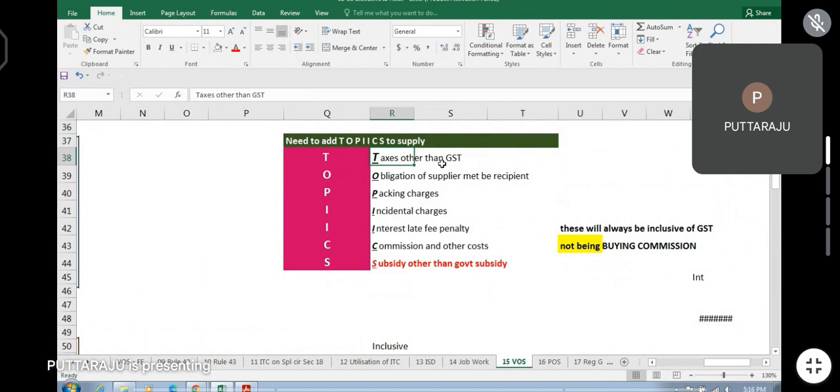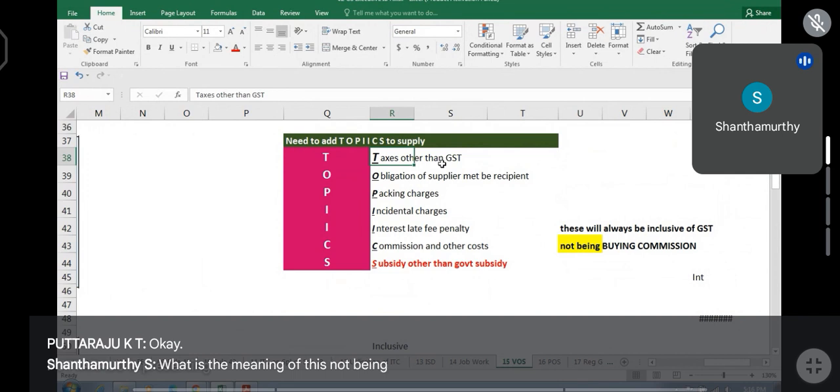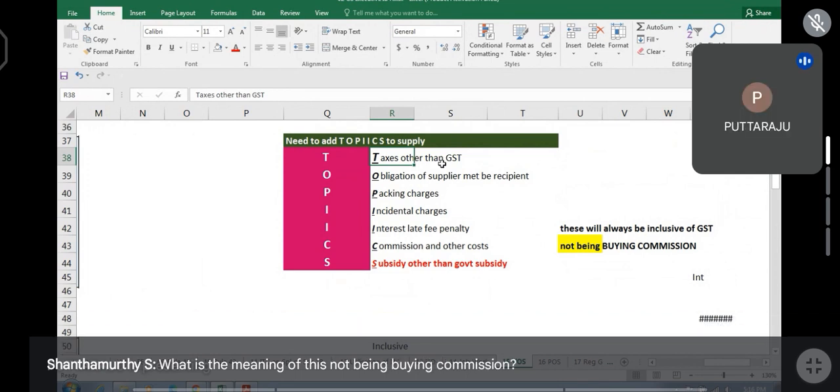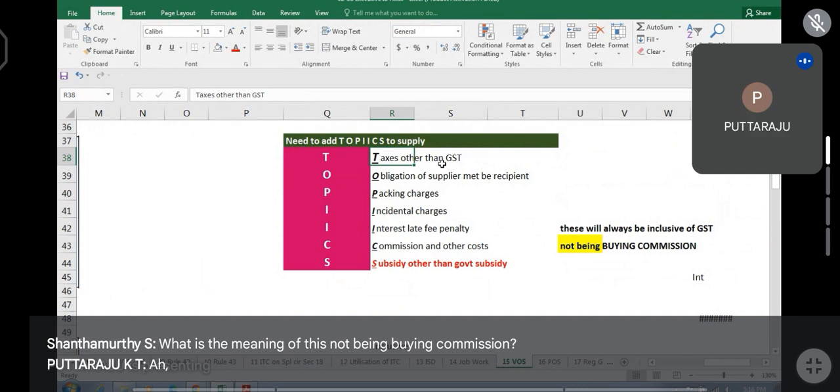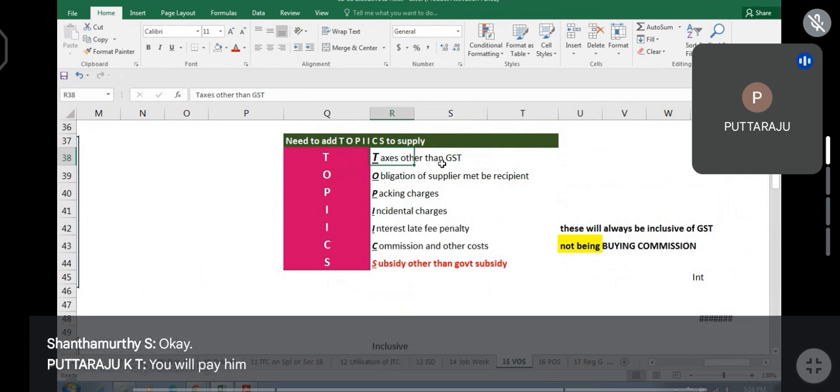Okay. So what is the meaning of this not being buying commission? You appoint your agent to buy the goods from the supplier. You will pay him the commission, the supplier is not paying the commission to him.